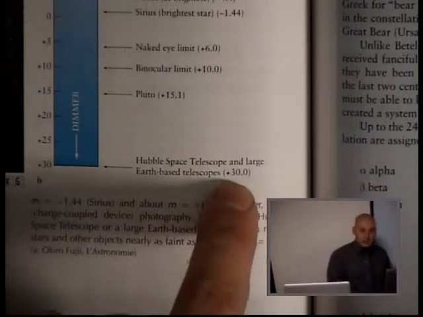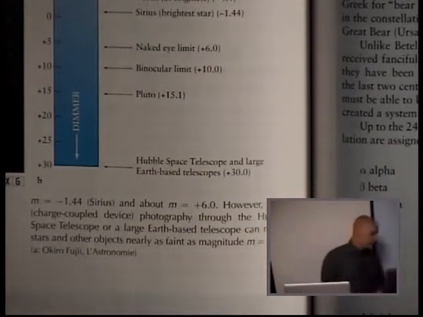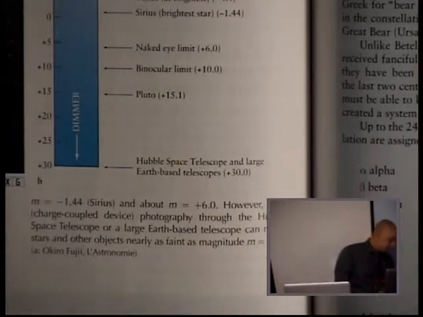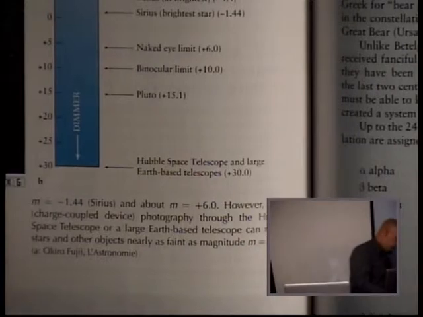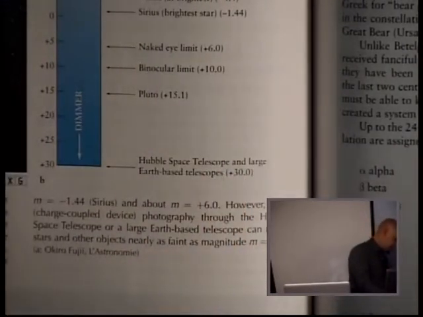The best telescopes, as of the printing of this book, get to about 30th magnitude. This is very, very, very dim because, again, the brightness is not related linearly. It is on a logarithmic scale. So that is a very, very dim object to be plus 30 magnitude.